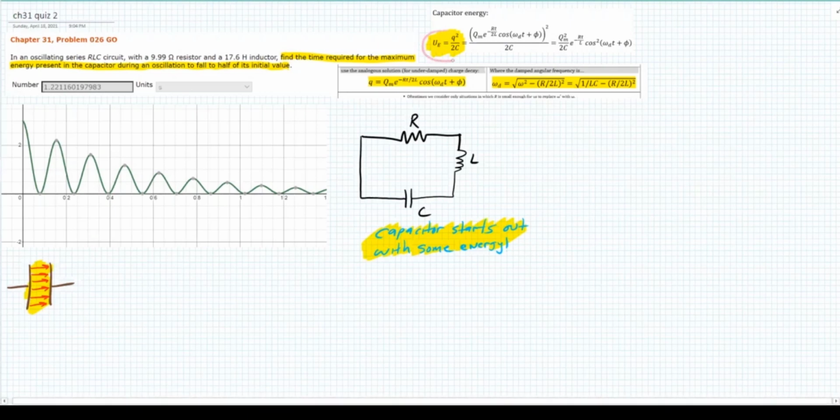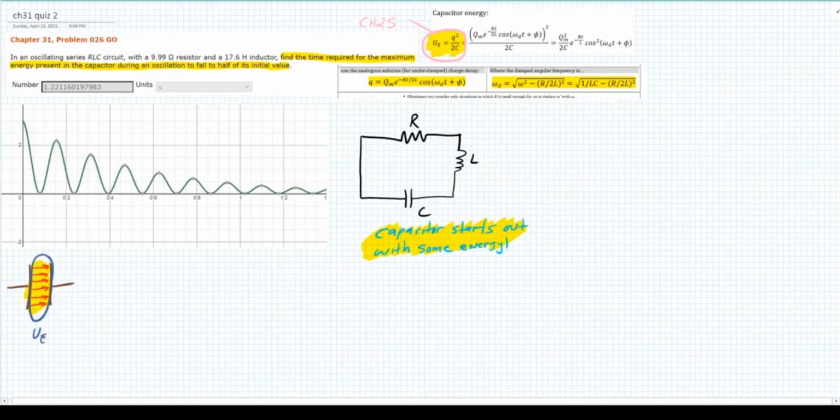So I'm not sure if it's familiar. The only thing I will say is we've seen this before. This was a chapter 25 piece of content, and this is referring to the electrostatic potential energy that lives between the plates of a parallel plate capacitor.